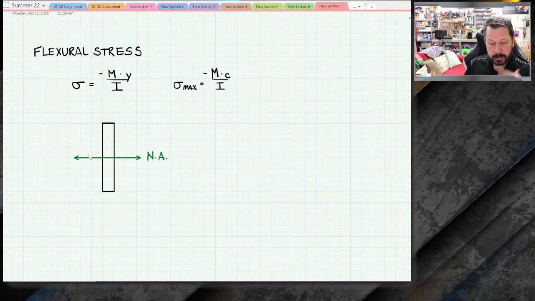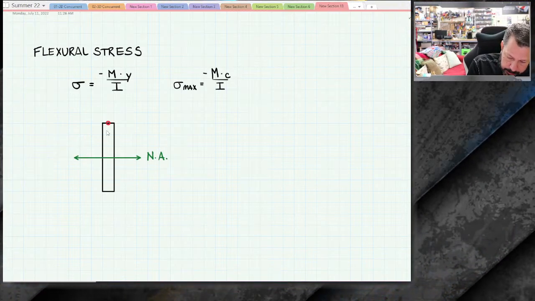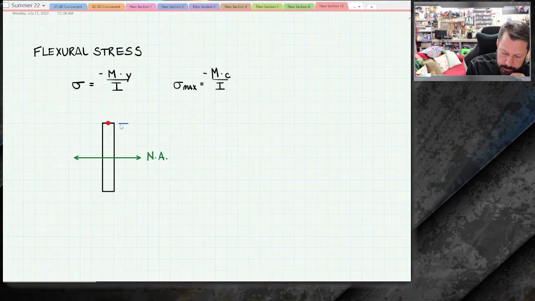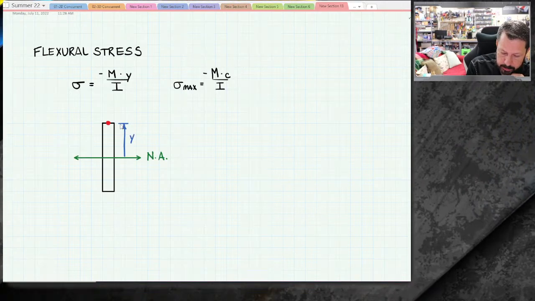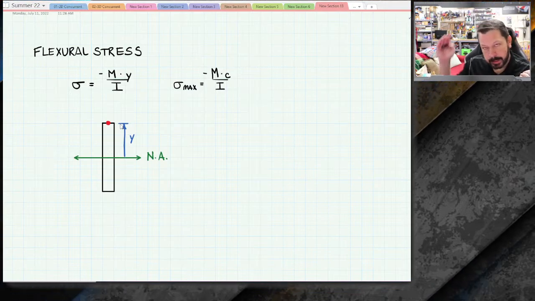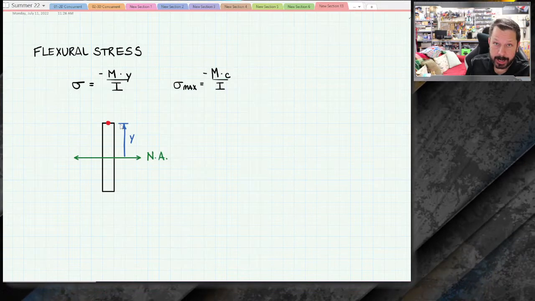And if we want to calculate the flexural stress at some point on the top of the beam, then we would measure from that neutral axis up to that point, and that would be Y. If we wanted to do the same thing on the bottom of the beam, we would measure from the neutral axis down to that point, which would be Y.